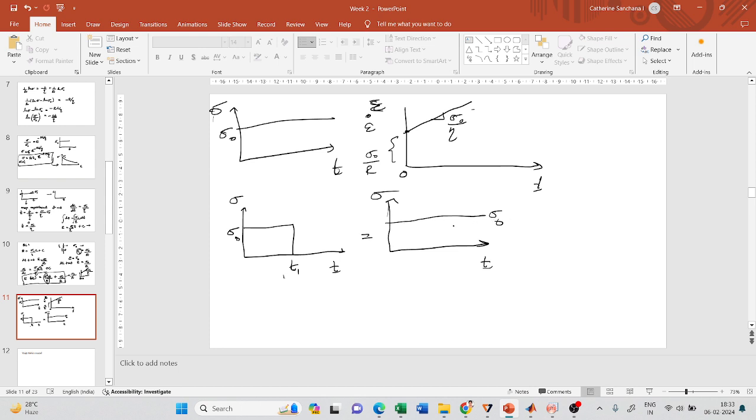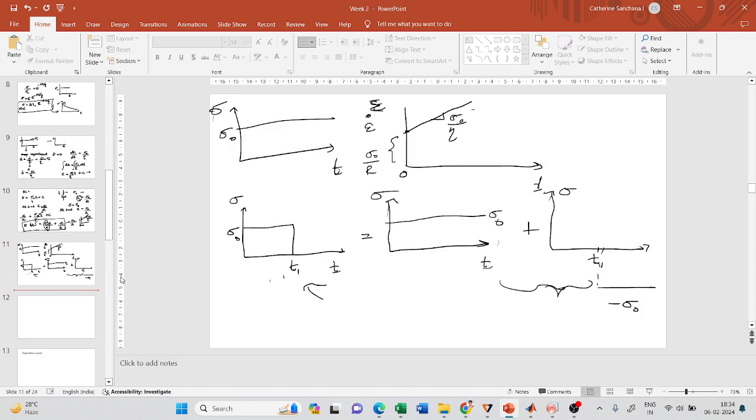Now at time t1, I have to subtract sigma naught, only then it will become 0. So from t1, I will apply a stress of minus sigma naught. If I add these two up, I will get this figure. So now how will the response be?